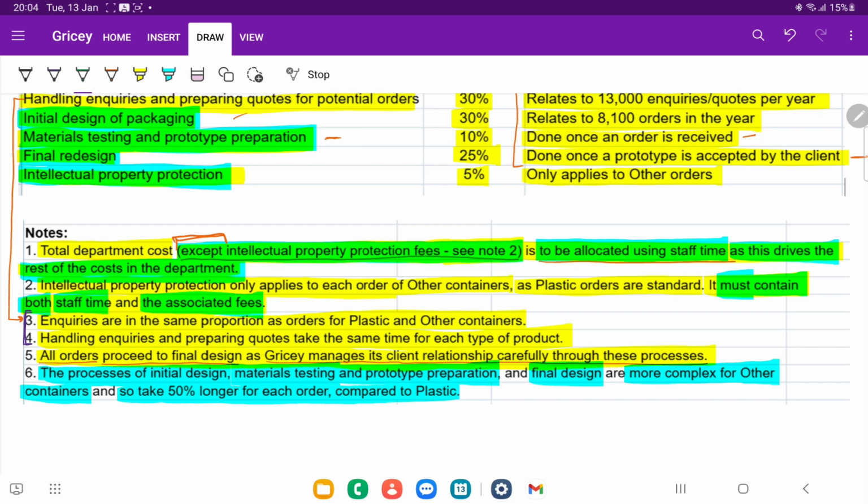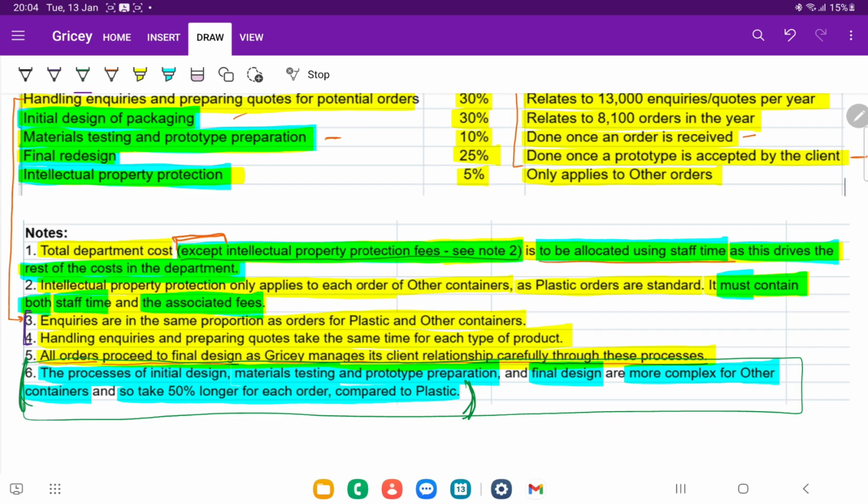Just wait a moment here and try to think what the examiner is actually trying to communicate in point number 6. Try to pause this video and think. The examiner is saying, look, focus on this point and this point.